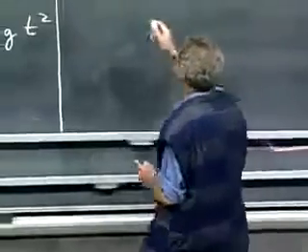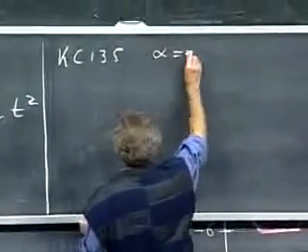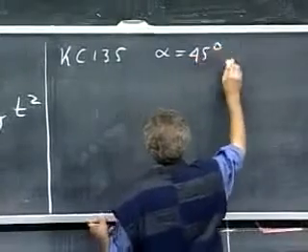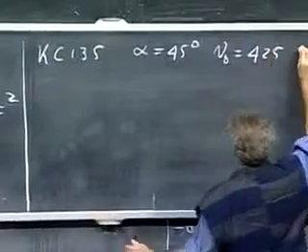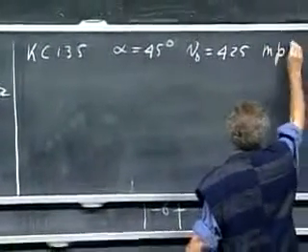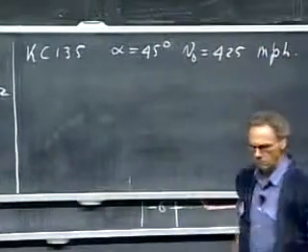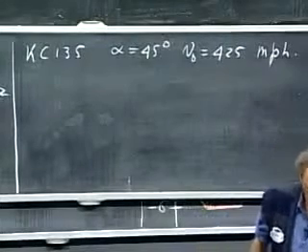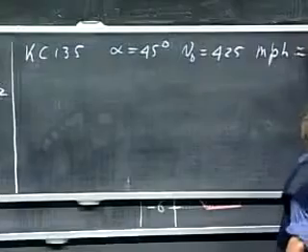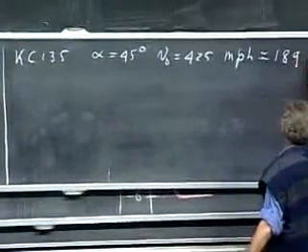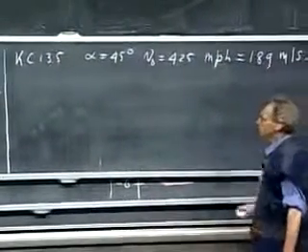In the case of the KC-135, we'll take an angle alpha of 45 degrees, and we'll take V0, which was about 425 miles per hour. You may remember that from that lecture. 425 miles per hour translates into about 189 meters per second.